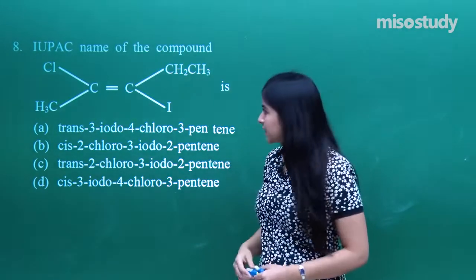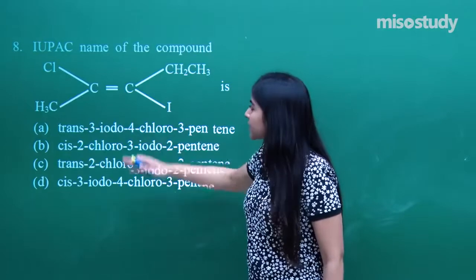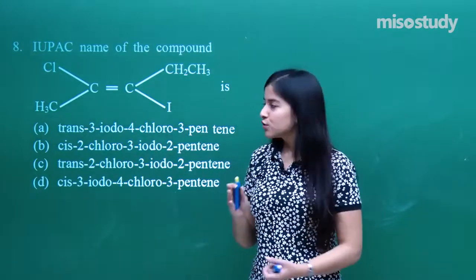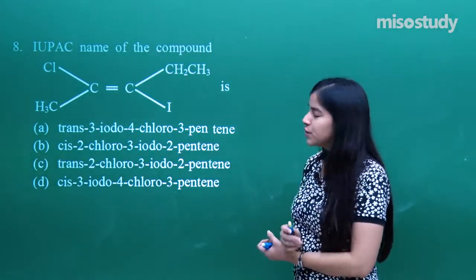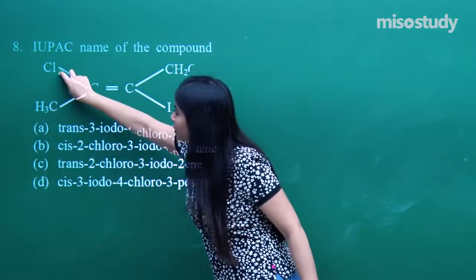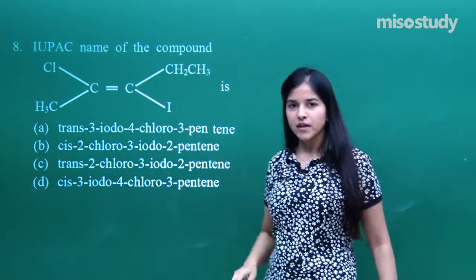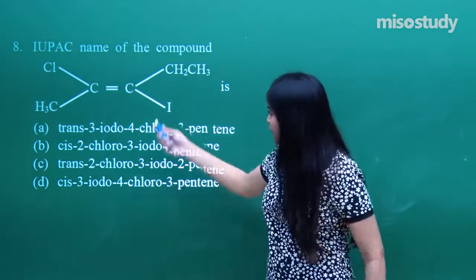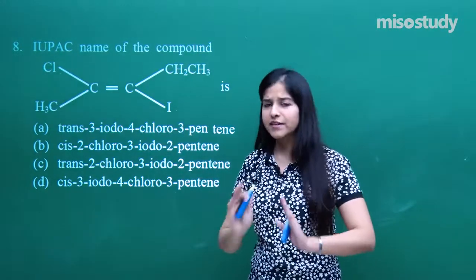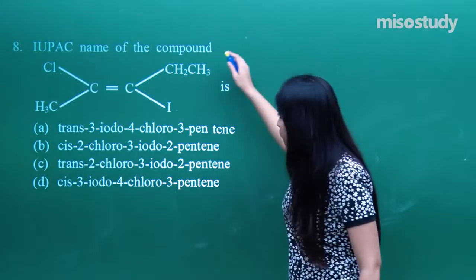First of all, I need to determine whether it is cis or trans. For that, you need to first give a preference to the groups. Instead of E and Z, they have mentioned trans, so that is also very okay. That is no problem.